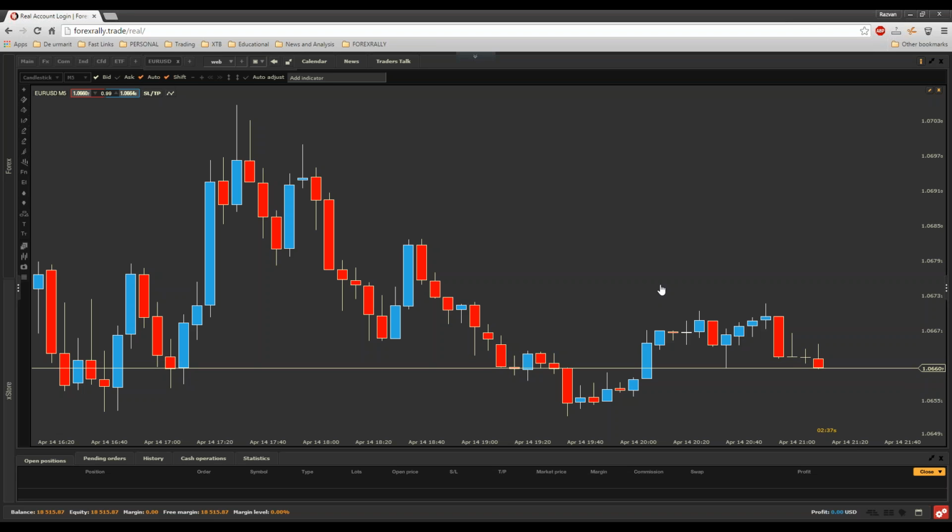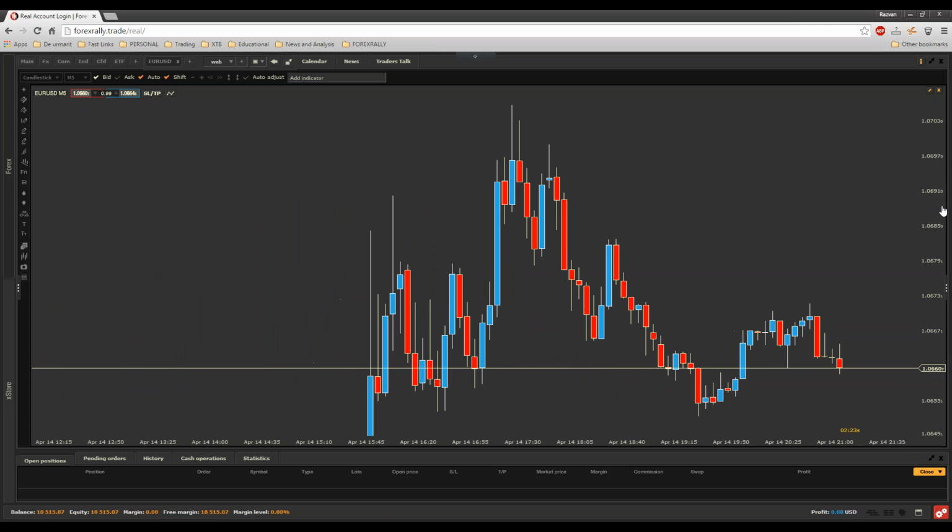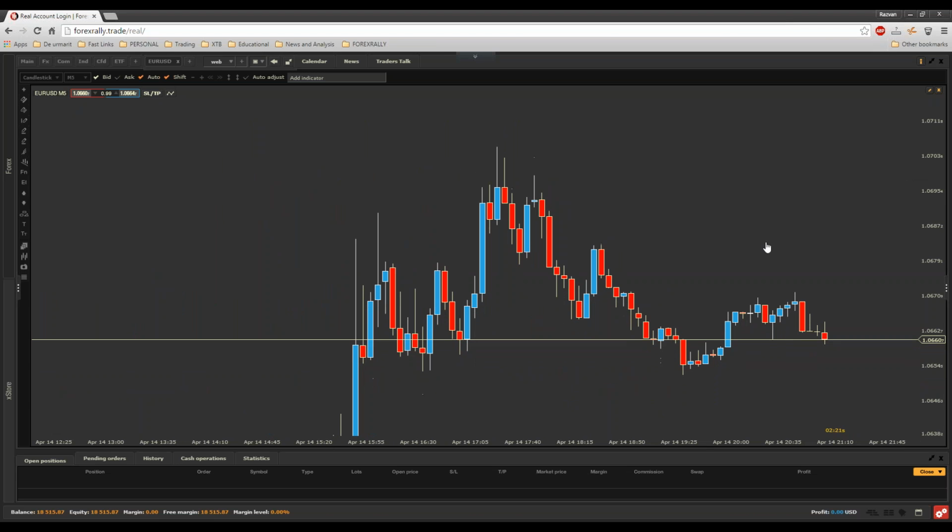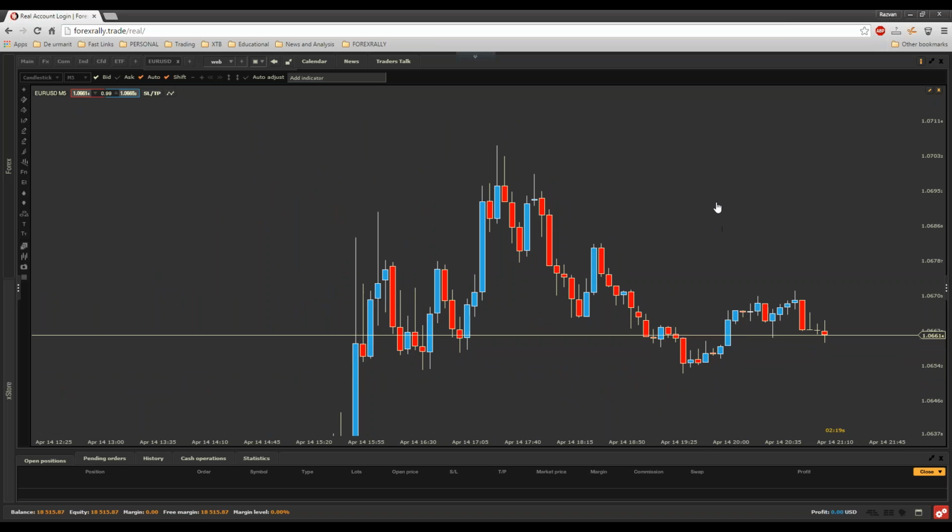Now getting back, in 5 minutes, this is a 5-minute chart. A candle shows you 5 minutes of trading with an opening price, the evolution of the price during that time, and the closing price. So actually a time frame will show you on the chart what happened to the price in that specific interval.